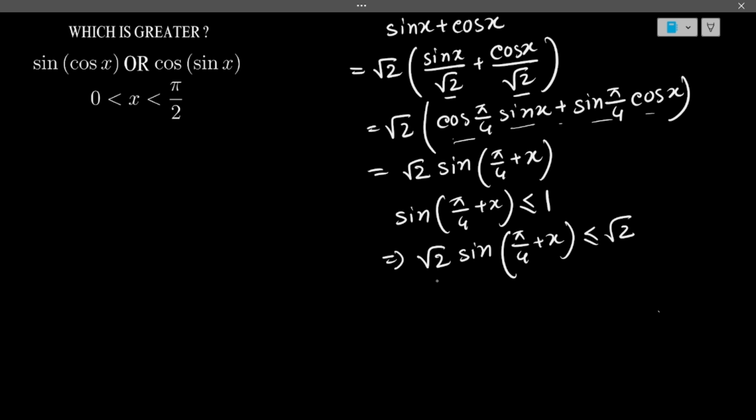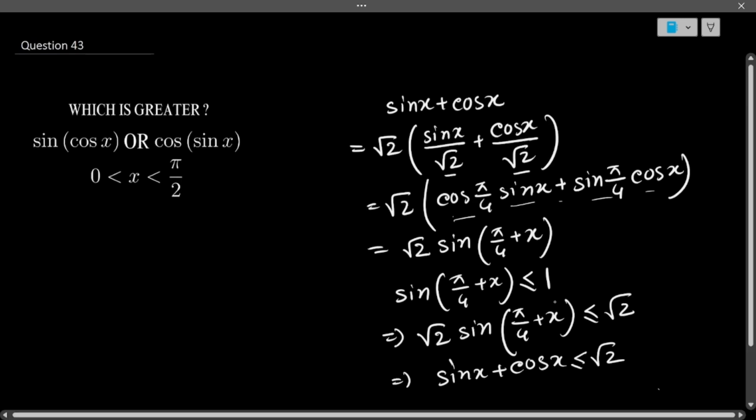So we can write sin x plus cos x is less than or equal to root 2. You need to remember this result, that the maximum value of sin x plus cos x is root 2, and for all x the minimum value of sin x plus cos x is minus root 2. You need to remember that.